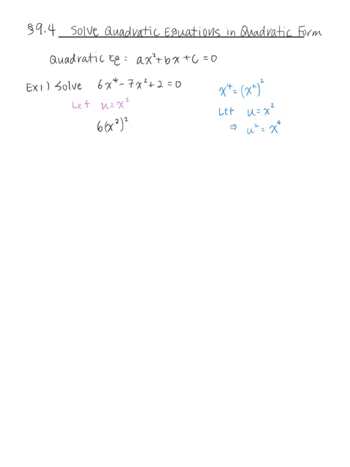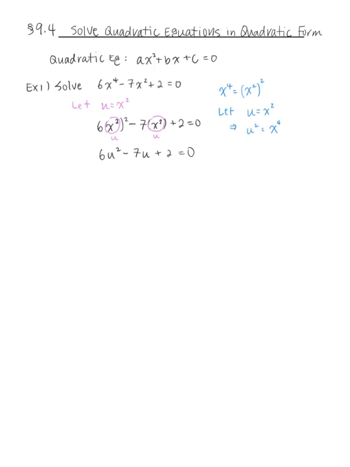And then here I'm going to rewrite it as 7 and then x squared. Plus 2 equals 0. But x squared is our u. So if I rewrite this in terms of u, then we're going to have 6u squared minus 7u plus 2 equals 0.